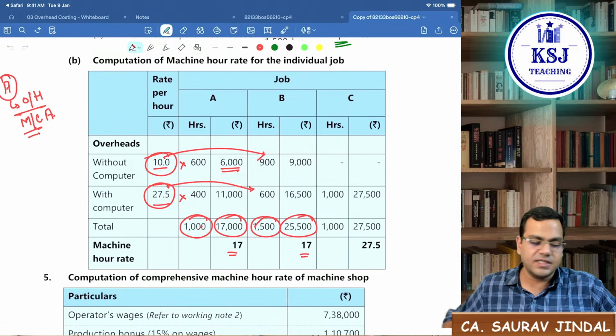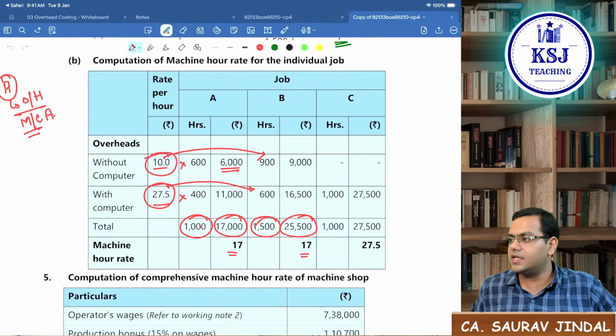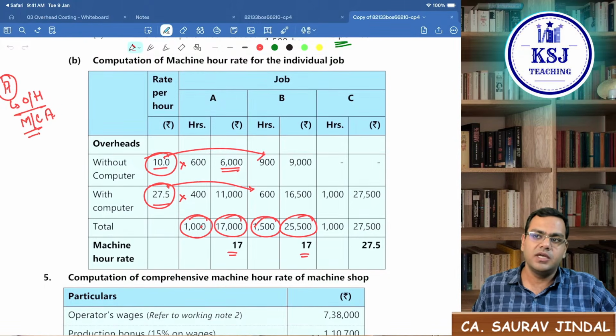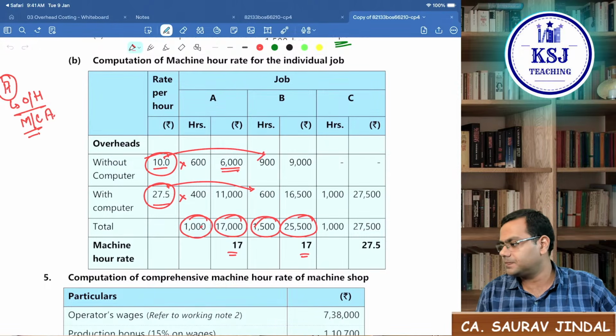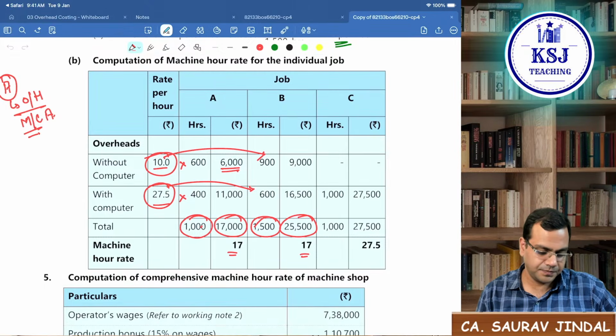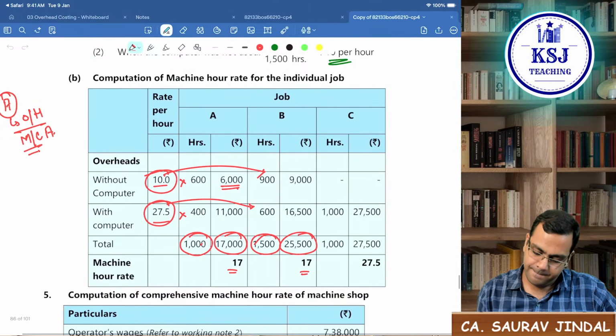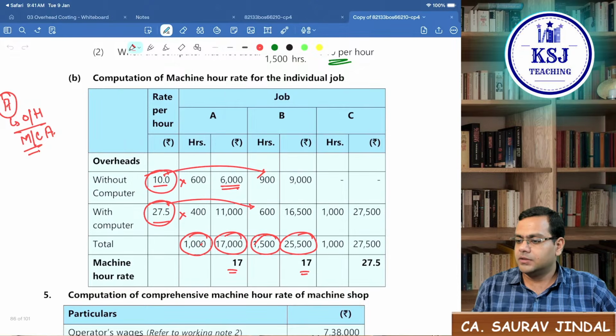First part, they were asking for the whole firm. Second part, they were asking for the individual jobs. So whatever is the overheads incurred on an individual job, divided by machine hours on the individual job. Yes.